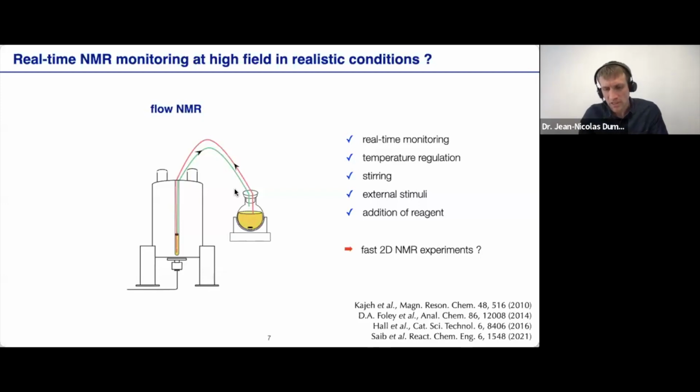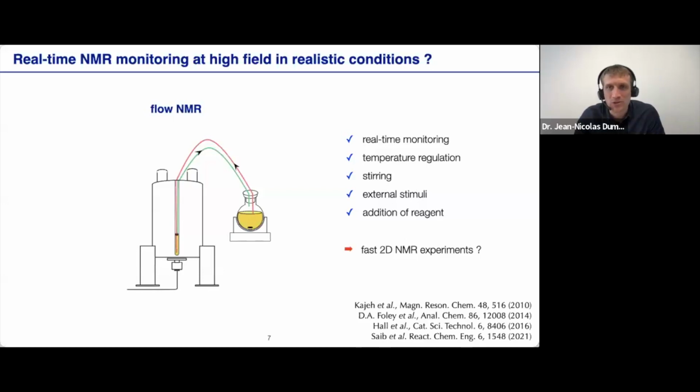So it has already found a number of applications in the field of catalysis. For example, there are nice examples of photocatalysis or metal catalysis. One question that we ask ourselves is, while this does provide access to experimental conditions of interest, is it still compatible with the array of fast NMR experiments that have proven so useful for reaction monitoring?